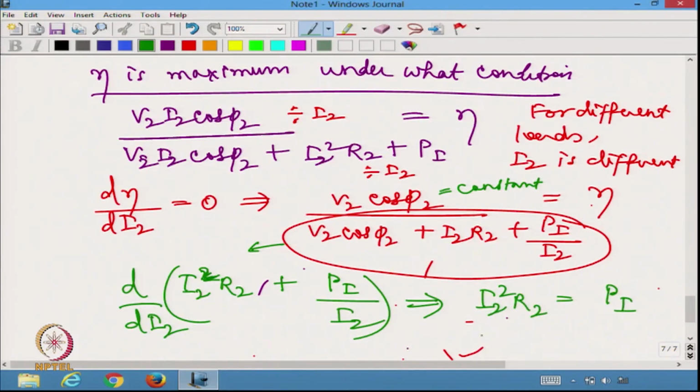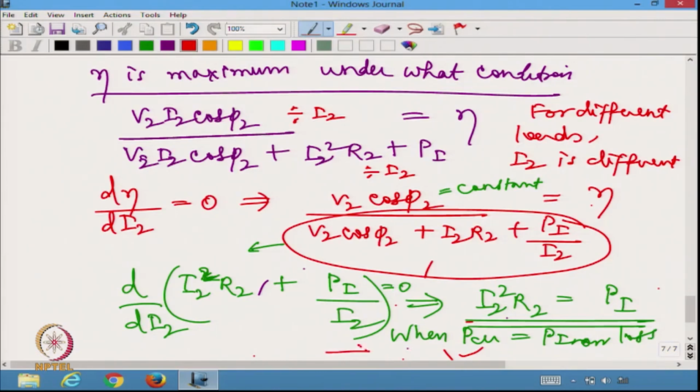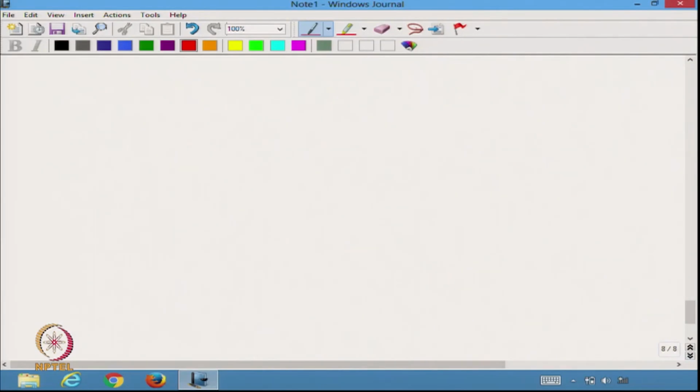This is what I am going to get as the expression when I differentiate it and then equate it to 0, which means when copper loss equals iron loss, that indicates the maximum efficiency condition. This is the condition for maximum efficiency, right.